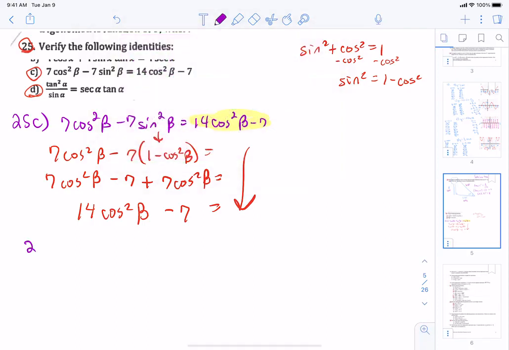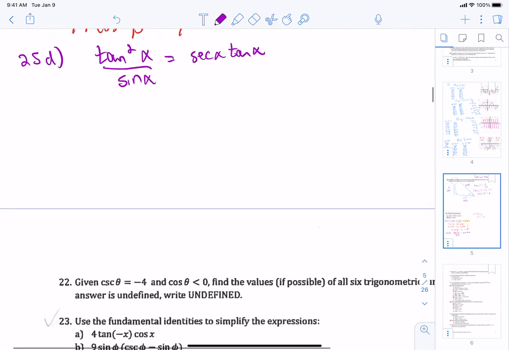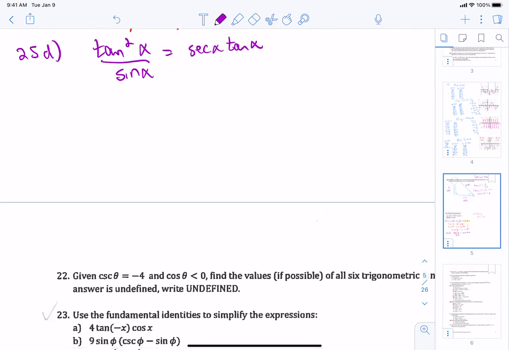So let me write that down. That says the tangent squared of alpha over the sine is the secant of alpha times tangent of alpha. Now it is your decision which side to hold.